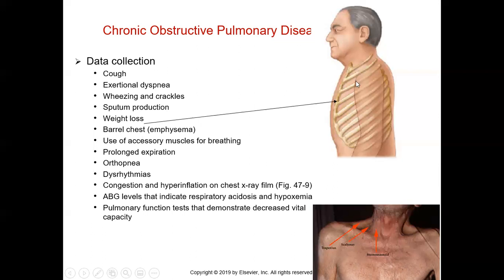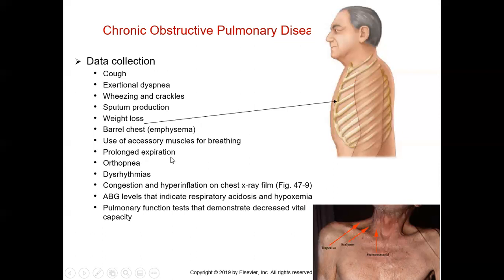Usually the anteroposterior diameter and transverse diameter are equal. Use of accessory muscles of breathing. So in this picture, we see accessory muscles in respiration, meaning this patient is struggling for oxygen.